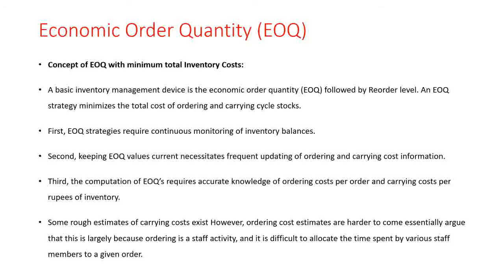The third is that computation of economic order quantities requires accurate knowledge of ordering cost per order and carrying cost per rupee of inventory. Some rough estimates of carrying cost exist. However, ordering cost estimates are harder to come by, largely because ordering is a staff activity and it is difficult to allocate the time spent by various staff members to a given order.